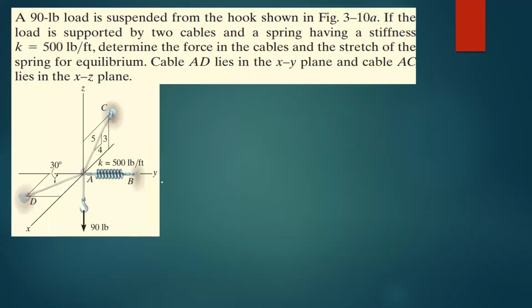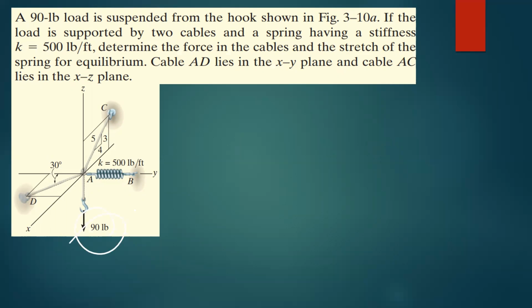All right, so let's quickly look at some of the questions on the same equilibrium topic. The first question here is: a 90 pound load is suspended from a hook, shown in figure 3.10a. The load is supported by 2 cables, and the load we have here is just this part here.